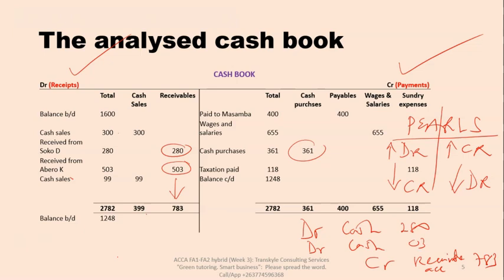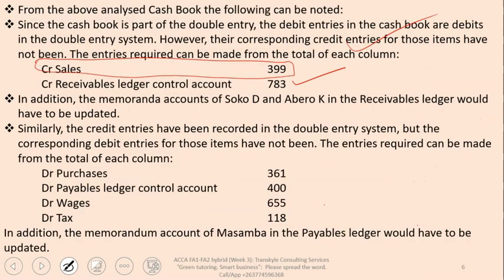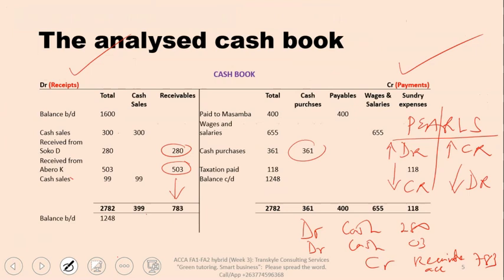But we do not have a corresponding debit for this. This is only the credit part of this transaction, but the debit is actually debit purchases and credit cash. In this case, cash is being credited because it has left the business.